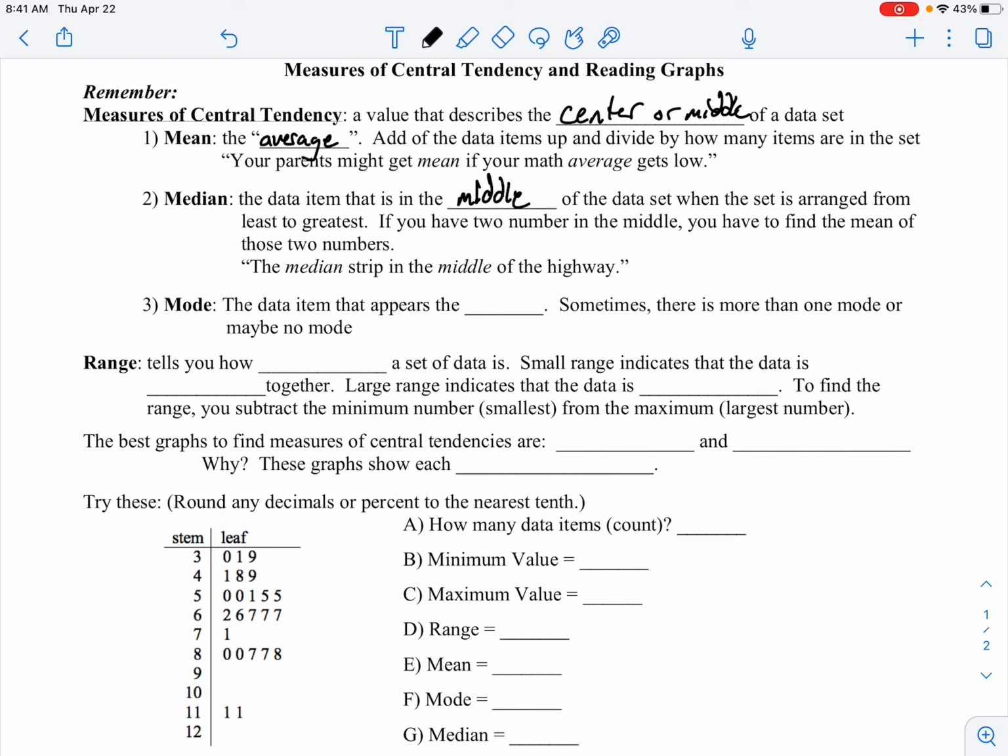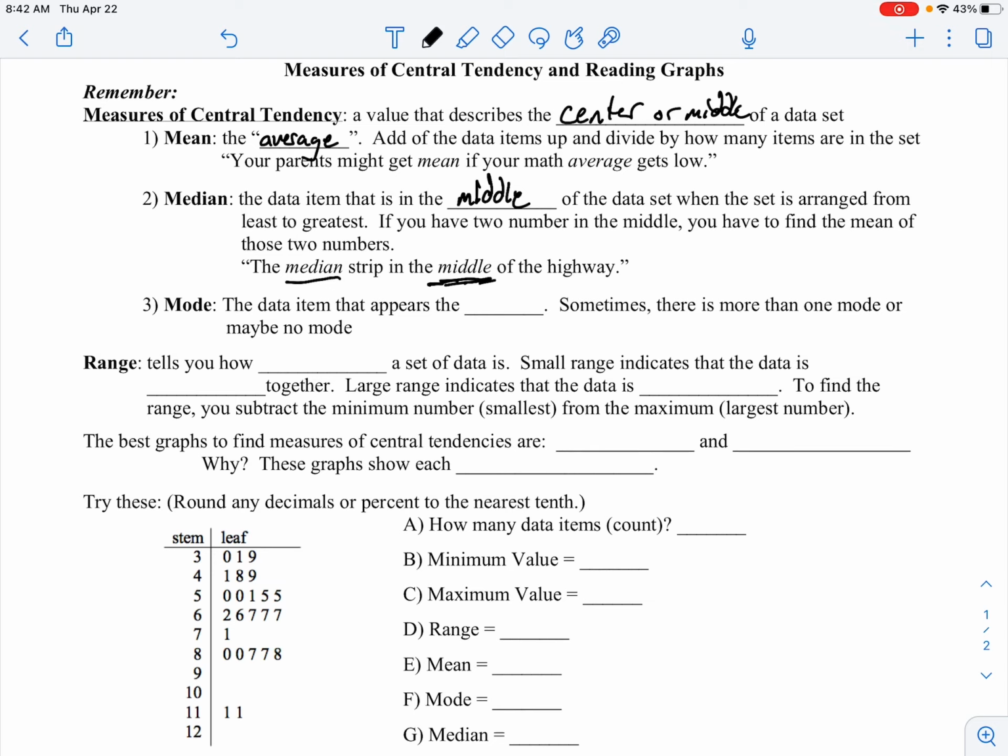If we have two numbers in the middle, then we take the mean of those two numbers. One way I often help kids remember the median is that the median is the strip in the middle of the highway. It divides one direction of traffic from the other direction of traffic. So it's in the exact middle of our data.